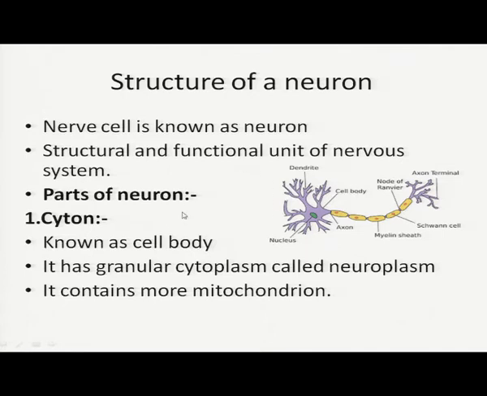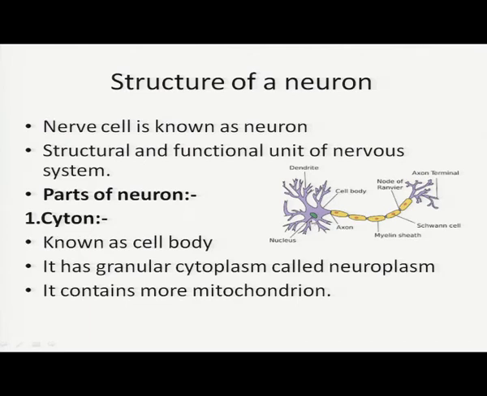And regarding the parts of a neuron, the first part, which you can see here in the diagram, we will call it the cytone. It is also known as cell body, and it has a granular cytoplasm inside. This granular cytoplasm of the neuron is known as neuroplasm.